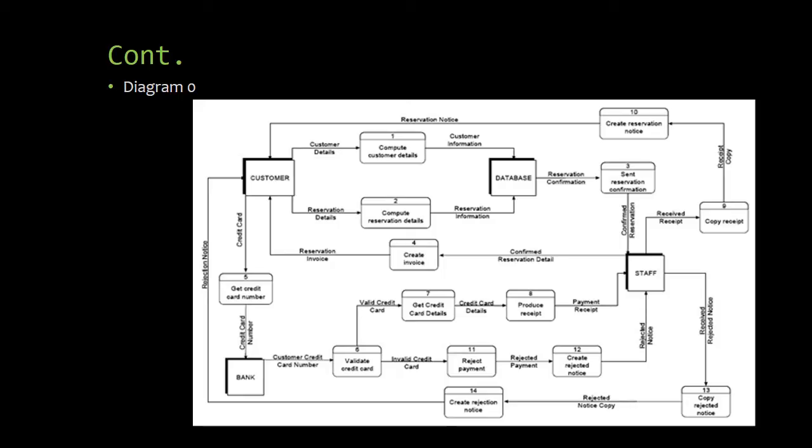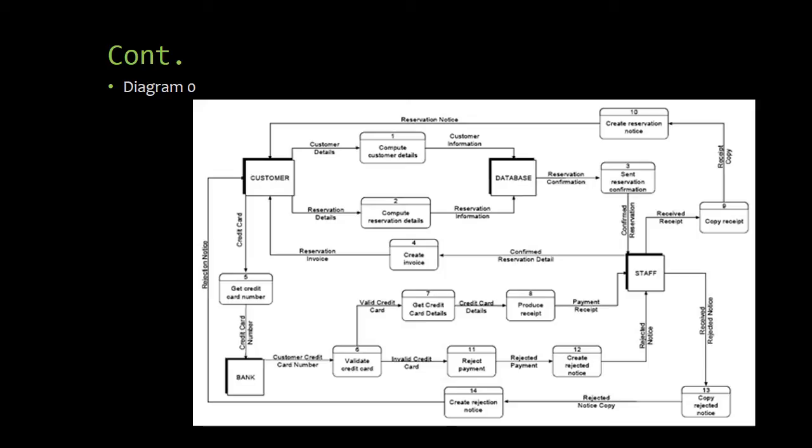The staff will receive the confirmed reservation and forward it to process number 4, which is creating the invoice. After the invoice has been created, it will come back to the customer, and the customer will then give his or her credit card, which is accepted in process number 5, get credit card number, and output as the credit card number.